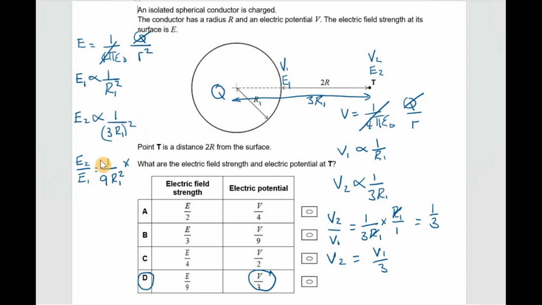And I'm going to divide by E1, so I'll multiply by the reciprocal, R1 squared over 1. I can cancel those R squareds, and rearrange to say that E2 is equal to E1 over 9. Well, there's the only option.